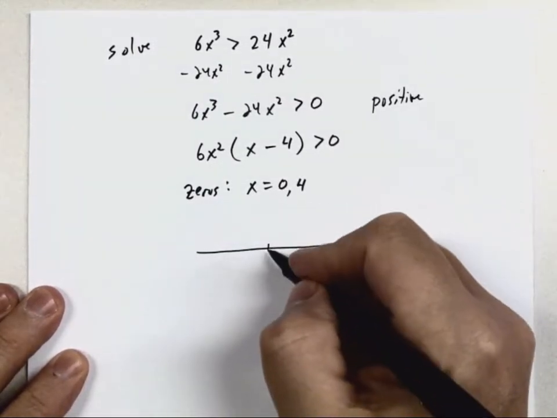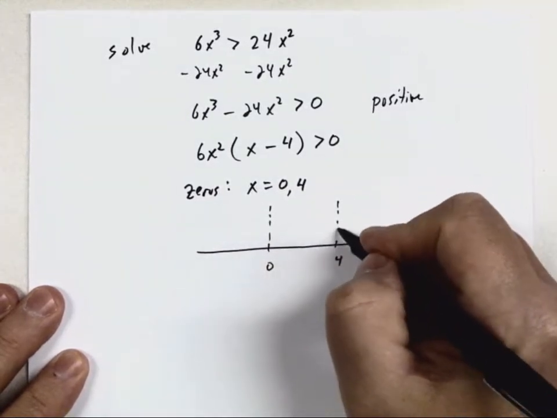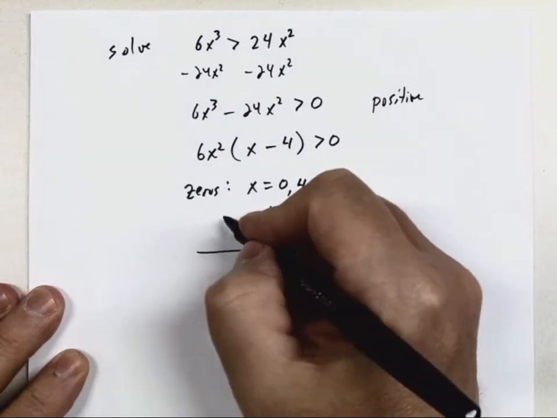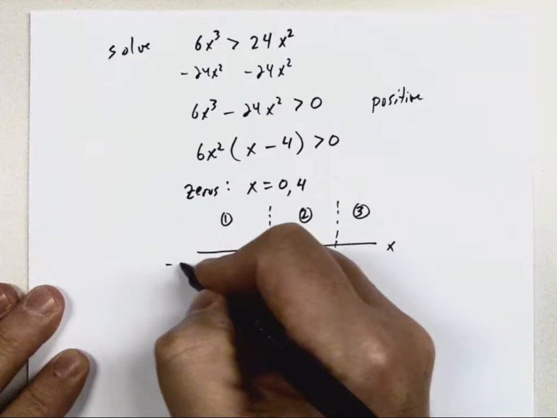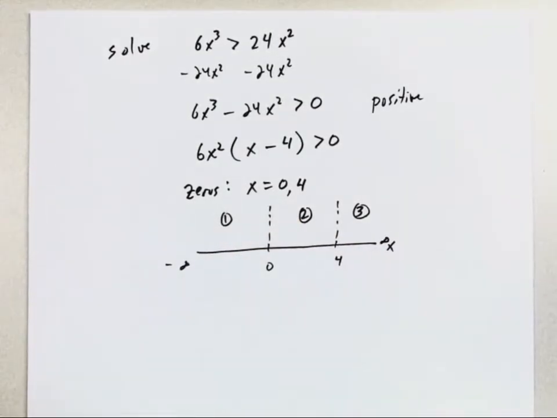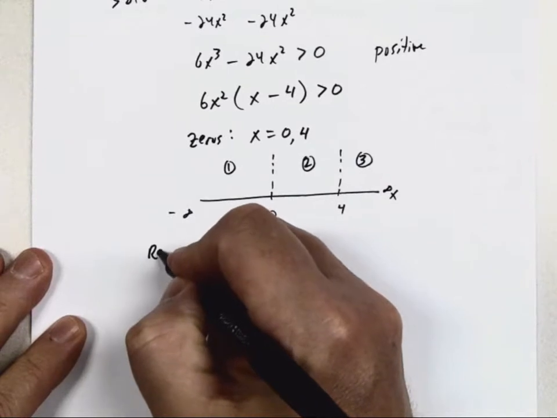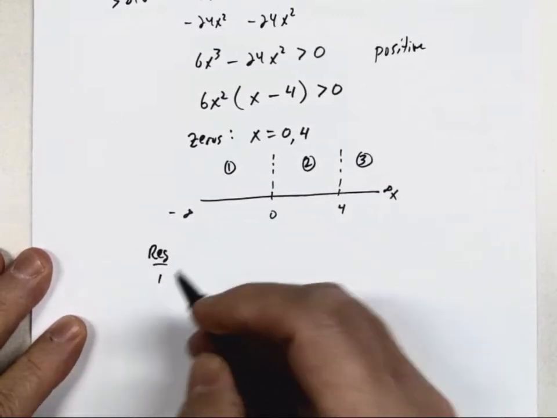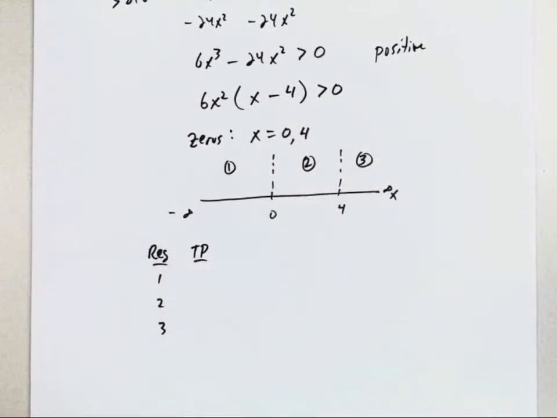I use those zeros to now break my graph up into regions. So here's region 1, region 2, region 3. Once again, you can think of negative infinity is there and infinity is here. So now, based upon these regions, I'm going to do my sign chart. 3 regions. TP stands for the test point, so that's where I choose a value of x in each of the regions.